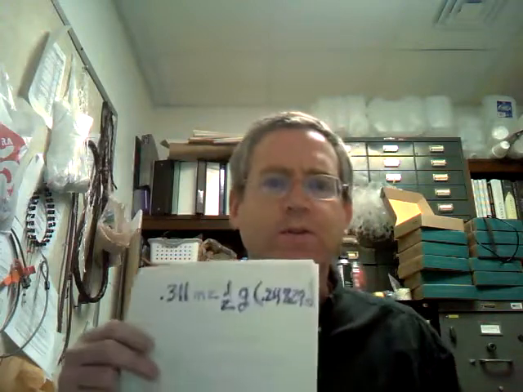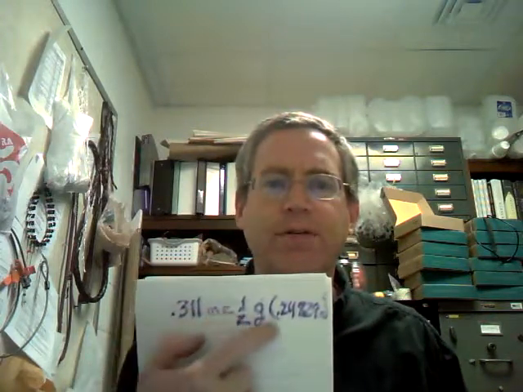First, I'm going to do 1/2 times that squared. I'm using my calculator; feel free to do this the long way if you need to. 0.24829 squared, divided by 2.